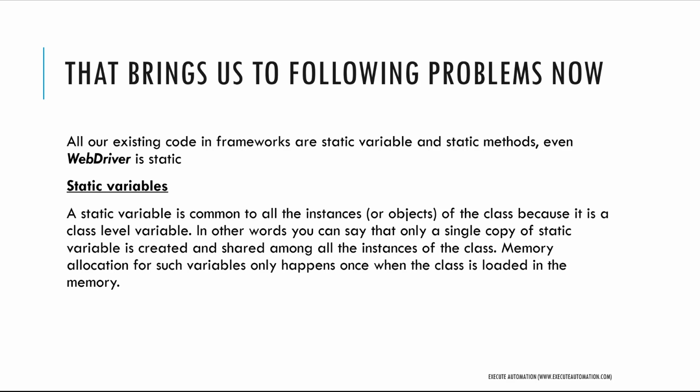In other words, only a single copy of the static variable is created and shared among all the instances of the classes. So memory allocation for such a variable only happens once when the class is loaded in the memory. So if you just create one WebDriver instance, that's it. That's going to be shared for the whole life cycle of the program.